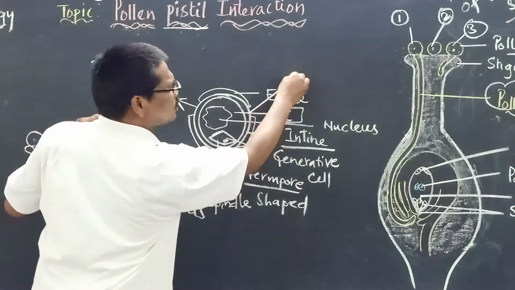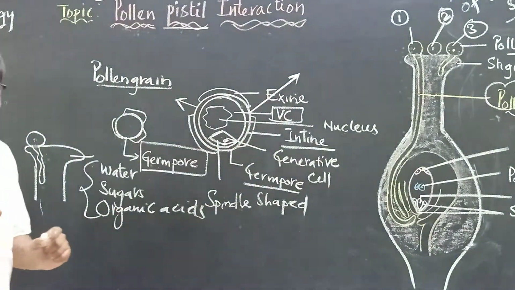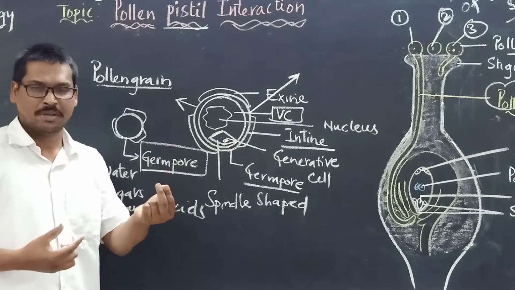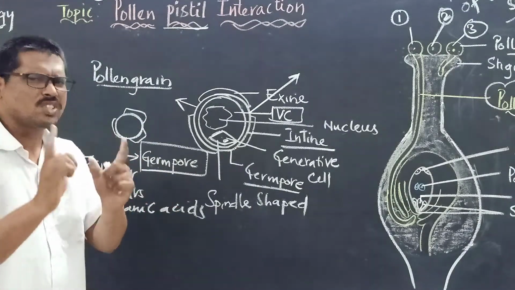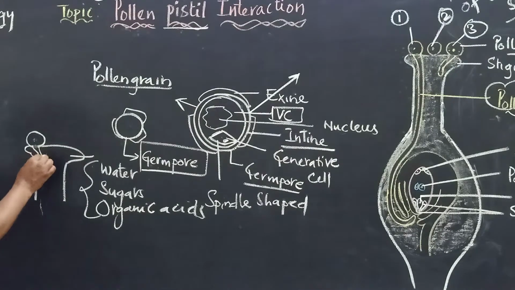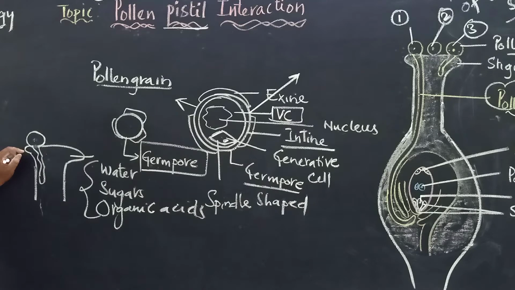The pollen grains may consist of many germ pores. But most of the time, the pollen tube will be formed through only one germ pore.